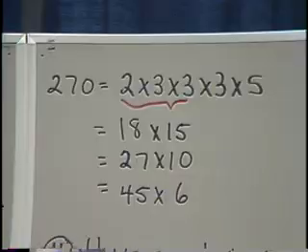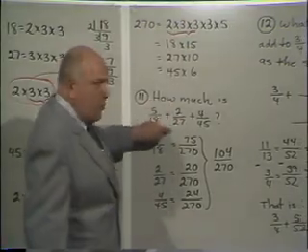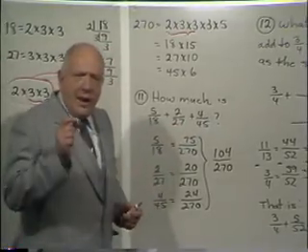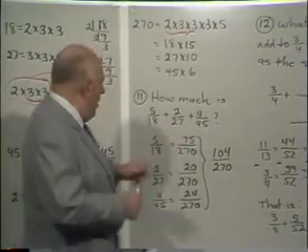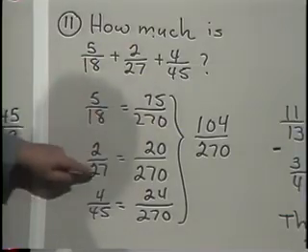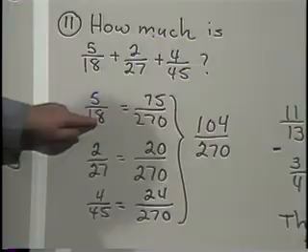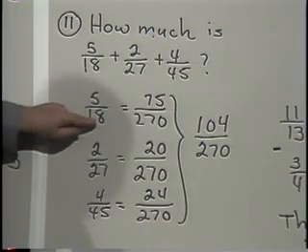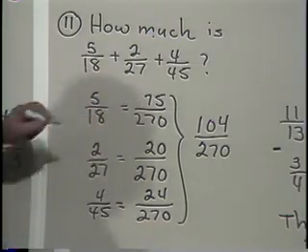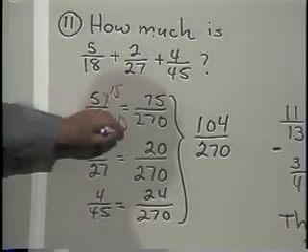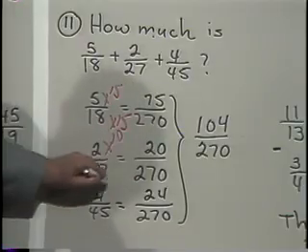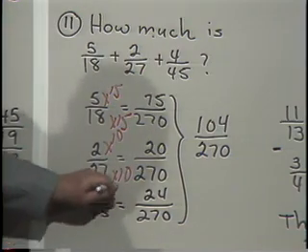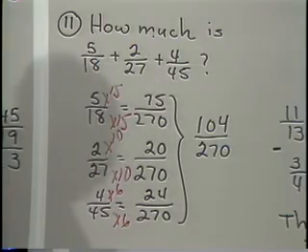So now if somebody were to say to you, how much is 5 18ths plus 2 27ths plus 4 45ths? You do the same thing as before. We always work by addition by knowing how to add 2 numbers at a time. What we do is we've just found that 270 is a common denominator. See, we see how many 18ths there are in 270. See, it goes 15 times. See, 5 out of 18 is the same as 75 out of every 270. 2 out of every 27 would be the same as 20 out of every 270, and 4 out of every 45 would be the same as 24 out of every 270.